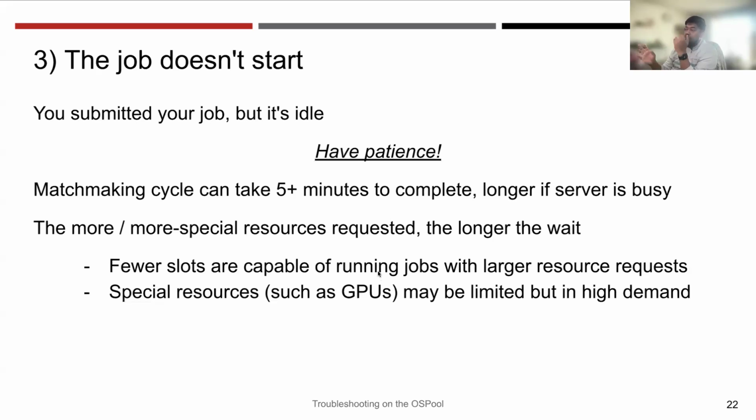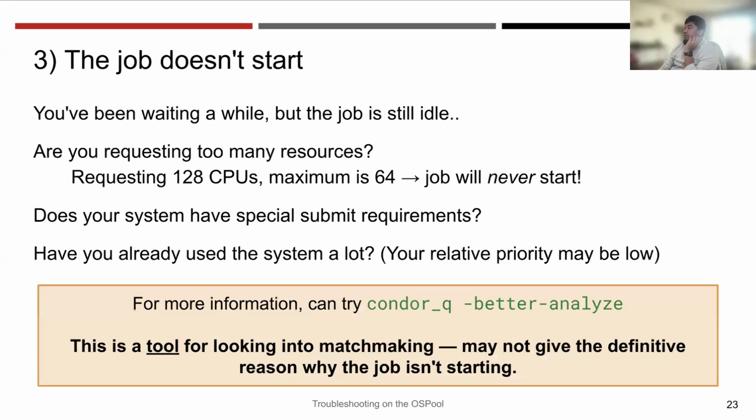So how would you know whether the resources that you're requesting are busy, or whether we don't have those resources in the pool? One command that's very useful is condor_q -better-analyze. This tool gives you an idea about the whole matchmaking process, depending on your job's resource request.